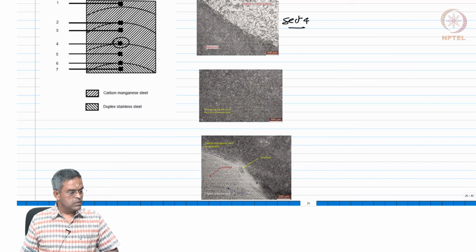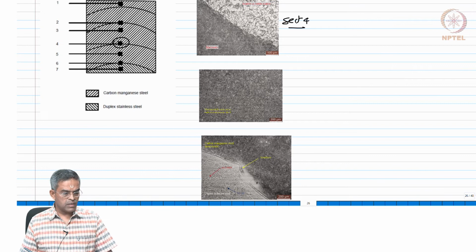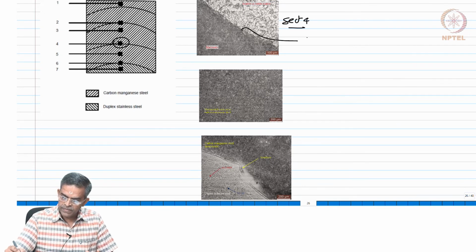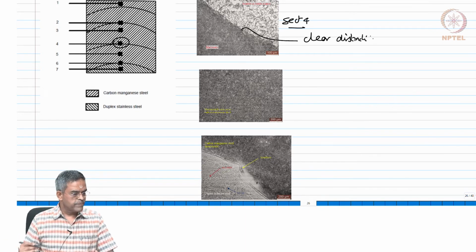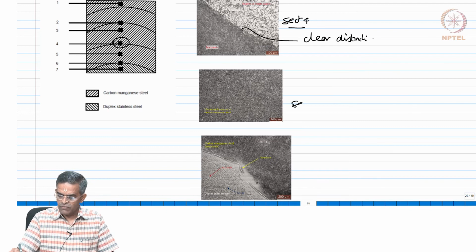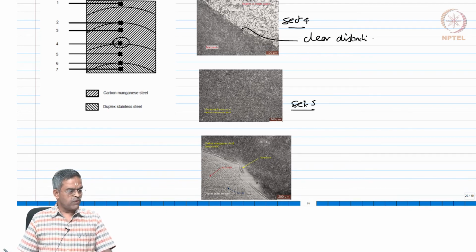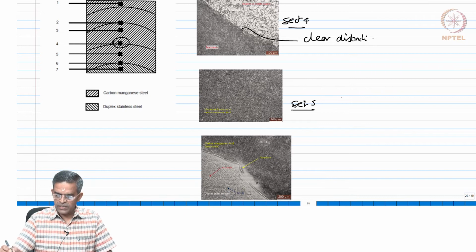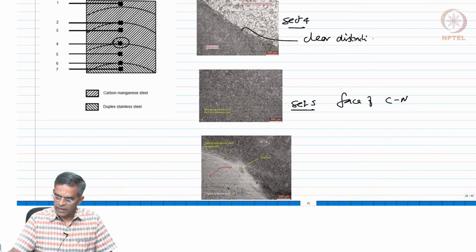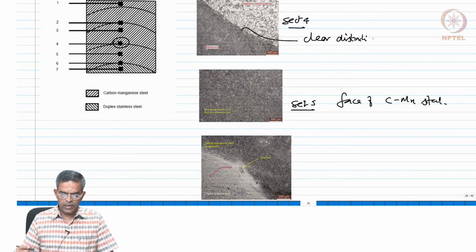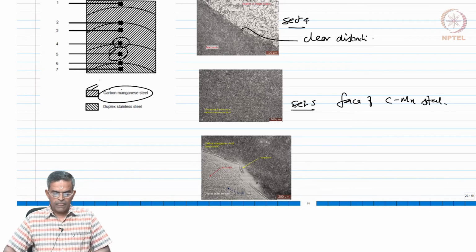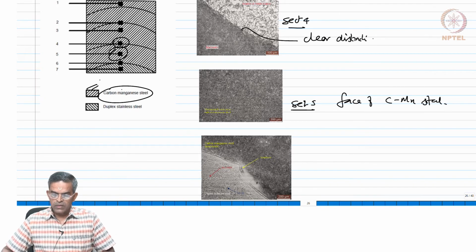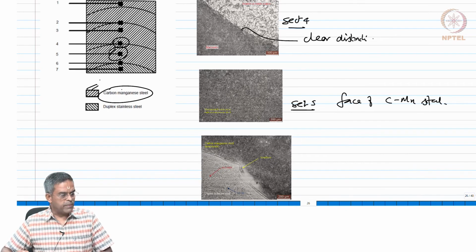Section 4 showed a clear distinction between the pearlite formation in a matrix of ferrite. There is a clear distinction. This is section 5. Section 5 shows the phase of carbon manganese steel now. Okay, section 5 is here and carbon manganese steel is this. See the legend. It shows a perfect blending and mixture of both the metals, is it not?